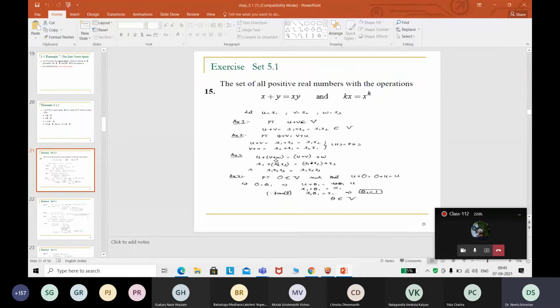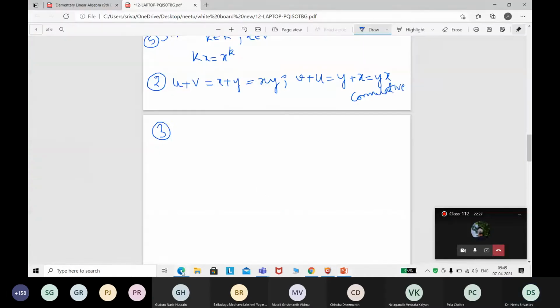So please verify u plus v plus w is u plus v plus w. Just check the associativity.